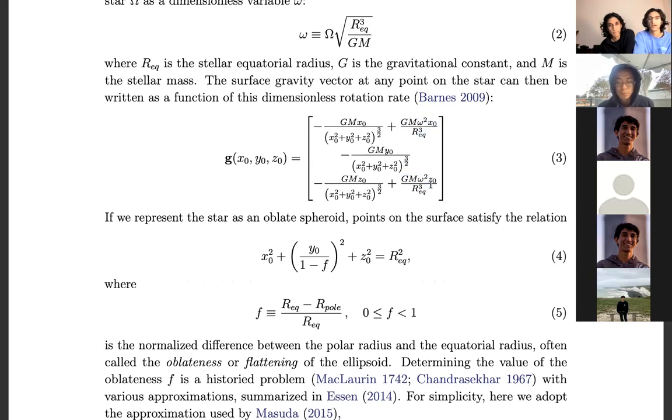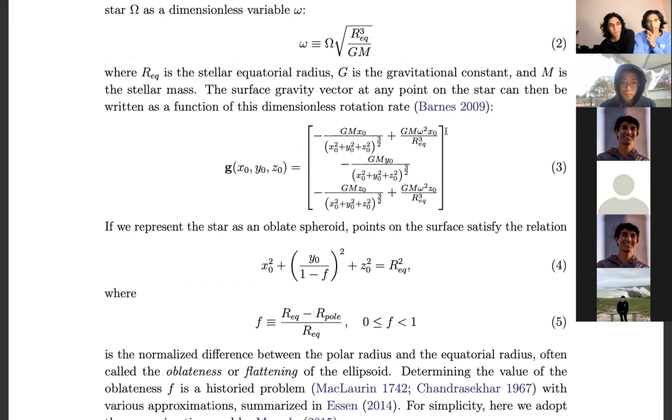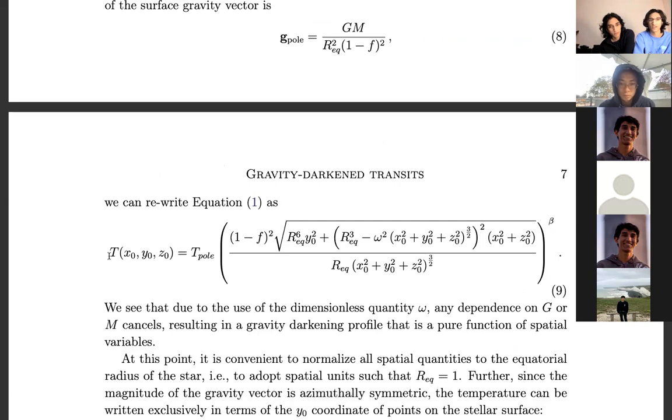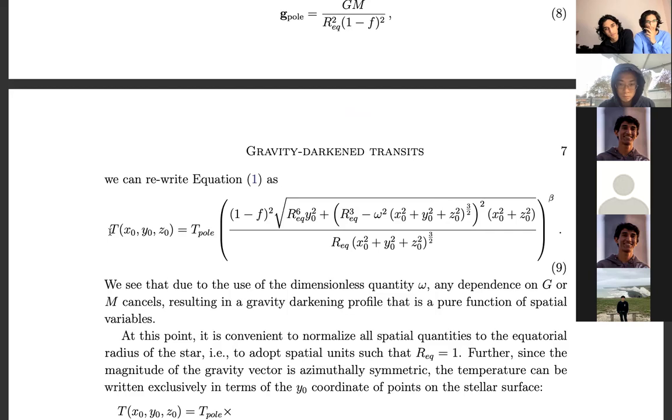So with this equation for stellar surface gravity, we can plug that into the von Zeipel equation, and we can come up with this very long but nevertheless very important equation for the temperature across the surface of a rotating star in terms of only spatial coordinates and this dimensionless rotation rate.